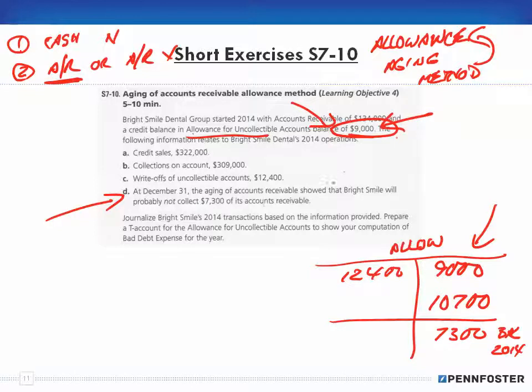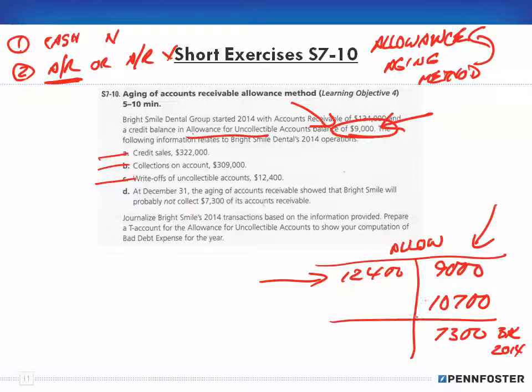Then our transactions occur. We have credit sales, we collect on our accounts receivable, we actually write off the accounts receivable that we can't collect, and that's when we make that journal entry, and we hit the allowance account with that amount.